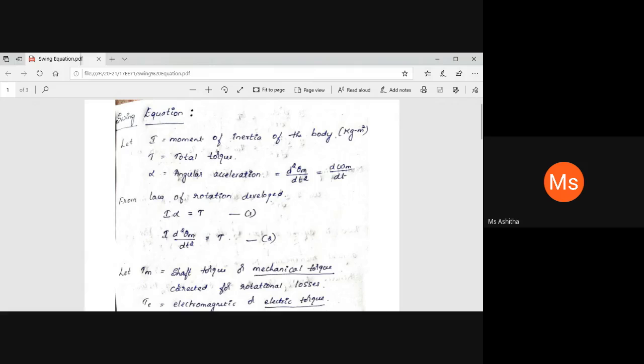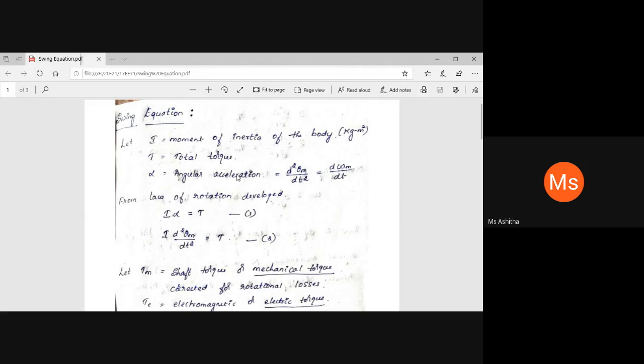Here, let me consider some terms: I is the moment of inertia of the body, T is the total torque, and alpha is the angular acceleration. Angular acceleration can be written as d square theta m by dt square, or d omega m by dt.